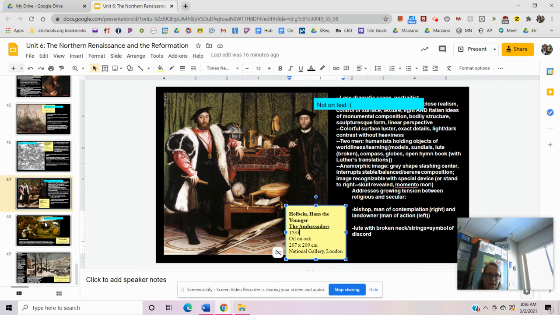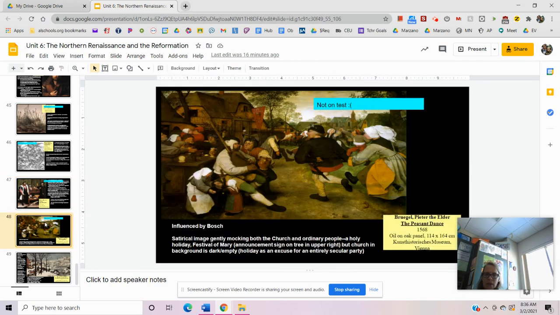All right, good. Last two, Peter Bruegel the Elder, Peasant Dance. Super simple piece, mocking both the church and ordinary people as they're having a festival, but this is not exactly so much a religious festival as a secular party. So just a little mockery here of how holy days were being interpreted by average people.